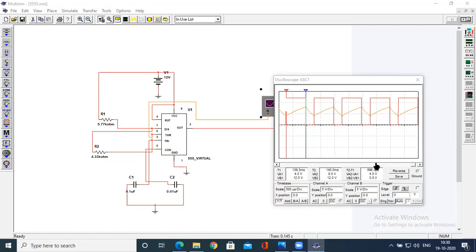Is it or not? 696 or 6, nearby to 700, 708 as such. For the charging time, it is taking 700 microseconds. So that is 70% duty cycle. Again, let me go to the discharging time. It is taking exactly 300.